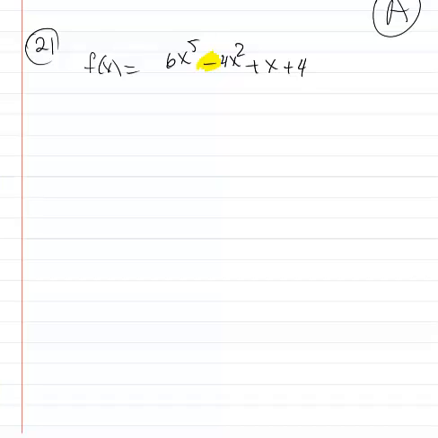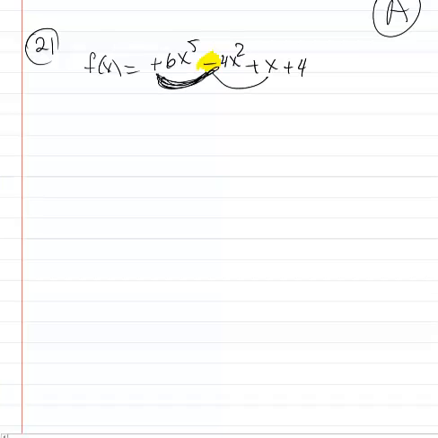Let me check it out and do it carefully. This first term is plus, right? So I've got to be careful. From plus to minus, that's a sign variation.